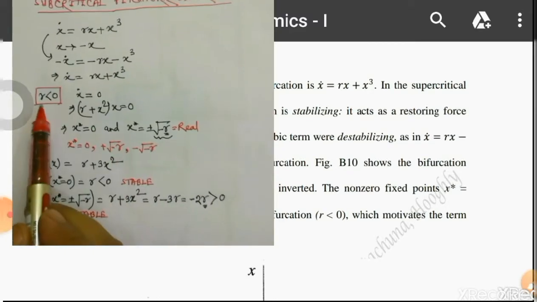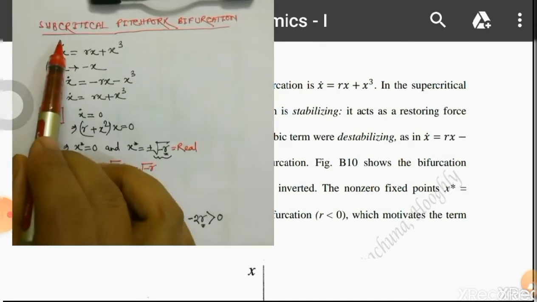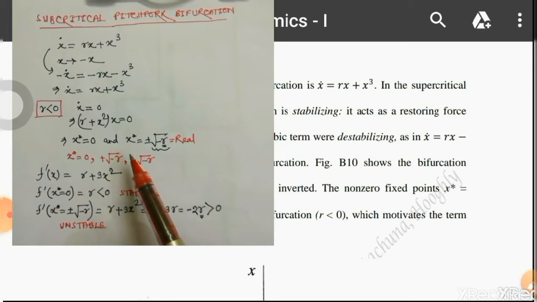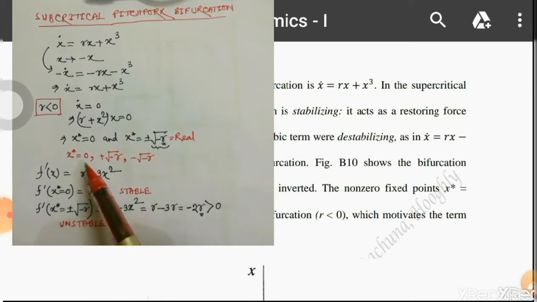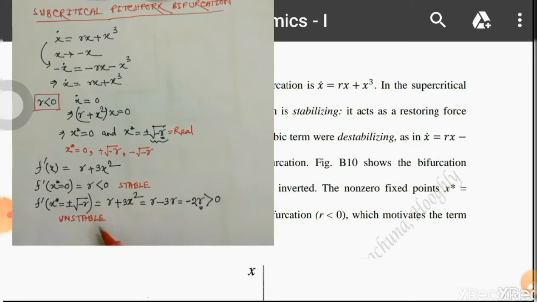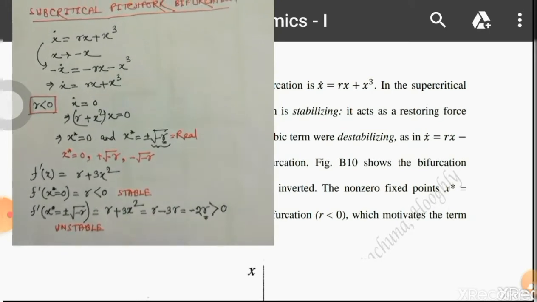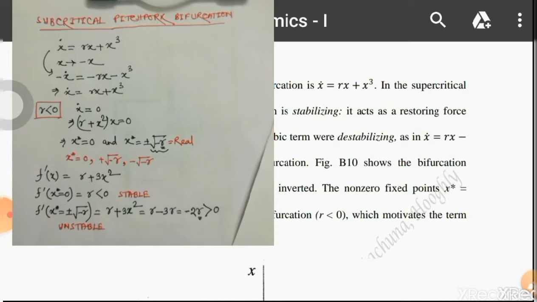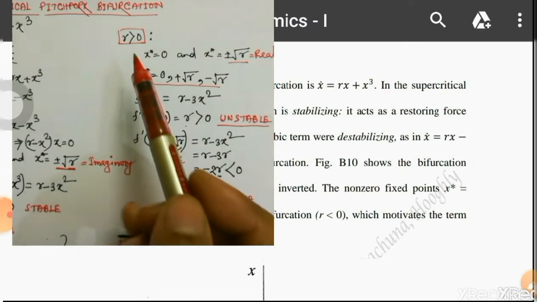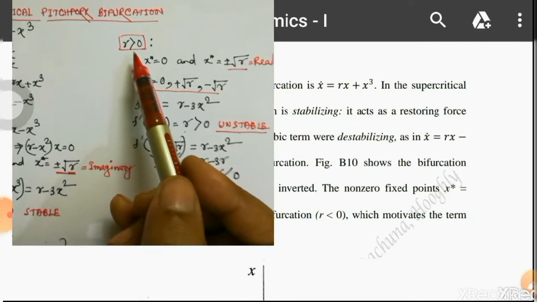Okay, so for r less than 0, in the case of subcritical bifurcation, we have three fixed points, among which x star equals 0 is a stable fixed point and the remaining two are unstable fixed points. If you compare this with the supercritical bifurcation, this was the condition when r is greater than 0.